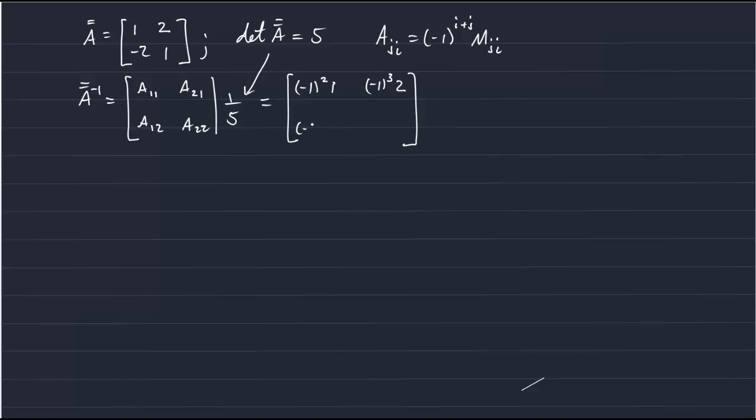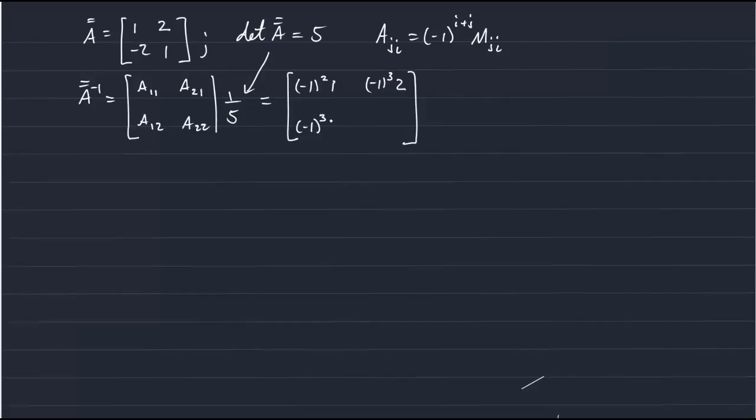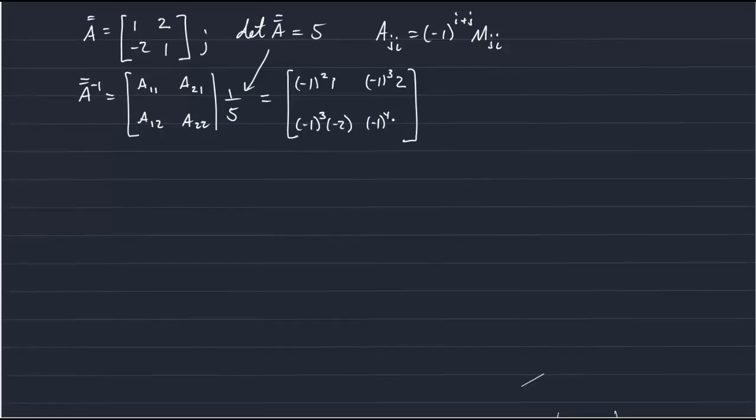A12 is minus 1 raised to the third power times the determinant of the submatrix when row 1, second column is removed. So that's minus 2. And then we get minus 1 raised to the fourth power times the subdeterminant when we remove the second row, second column, so that gives 1.